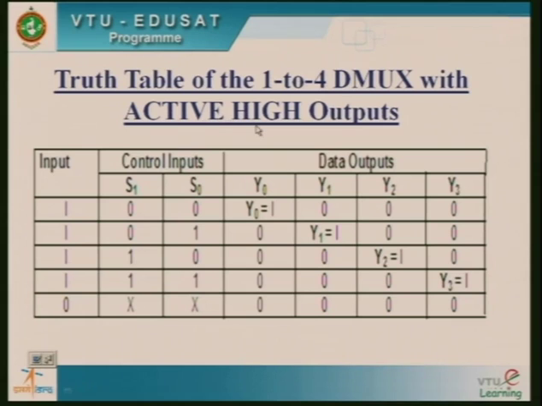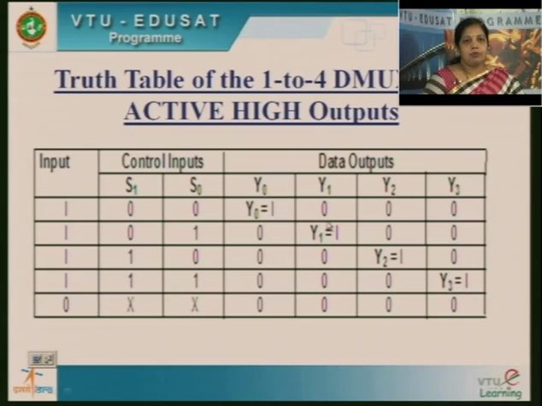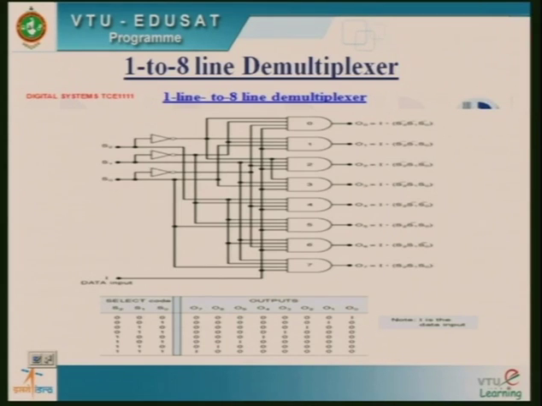Similarly, you will have active low. We just reverse this in active low by changing 1 to 0 and 0 to 1. So whenever there is an output, we indicate it as 0. No output, we indicate as 1 in case of active low outputs. So this is once again the 1:8 demultiplexer.